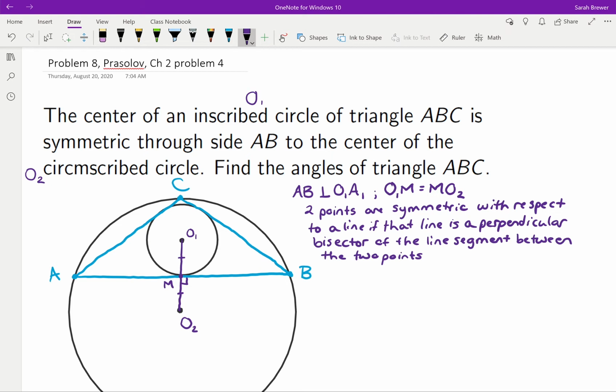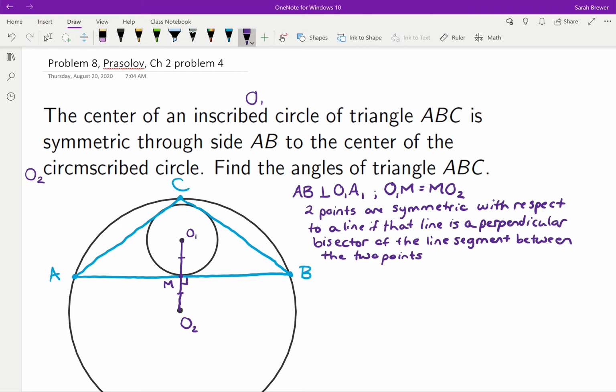All right, so ultimately we're trying to find the measure of angle A, angle B, and angle C. So we're going to use some information that we know about inscribed circles and circumscribed circles. A lot more with the inscribed circles here is what's going to be helpful.